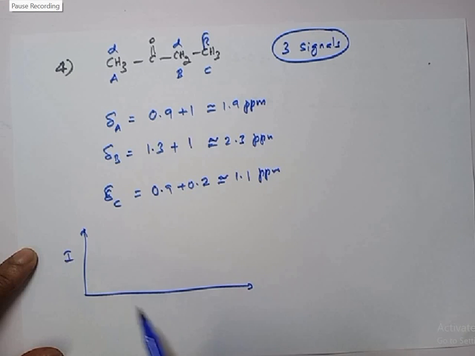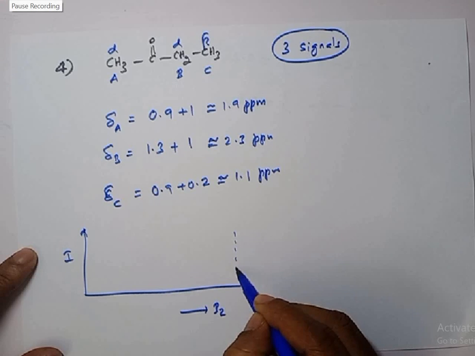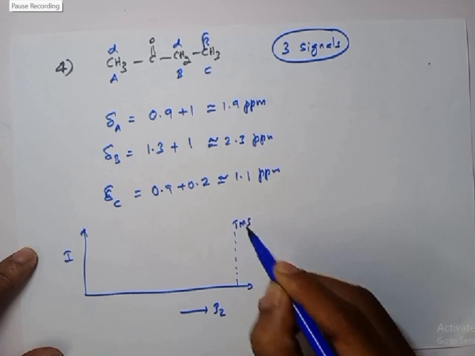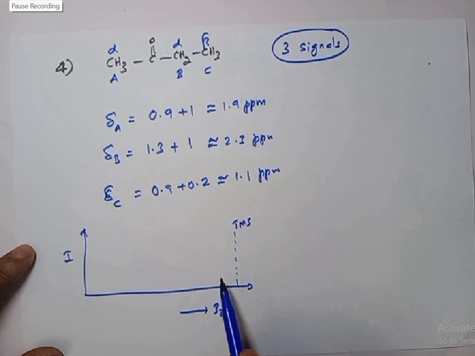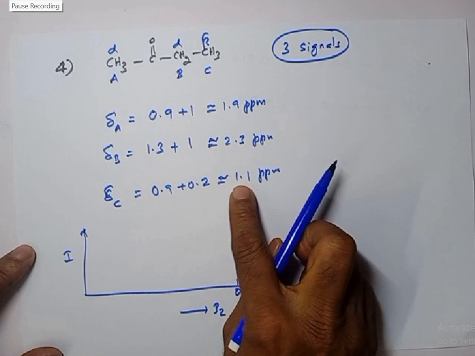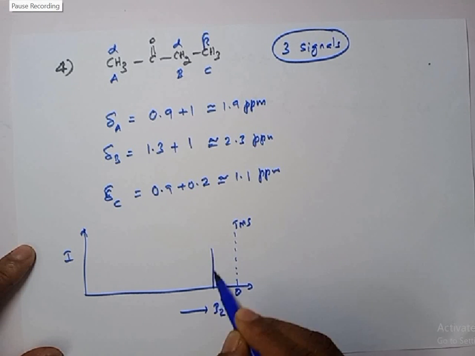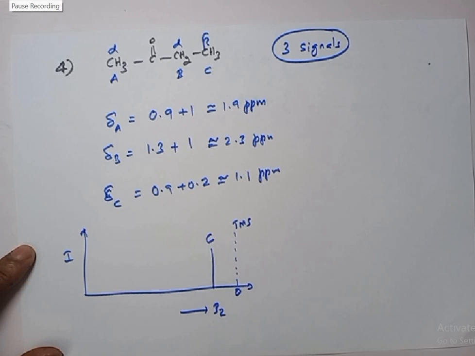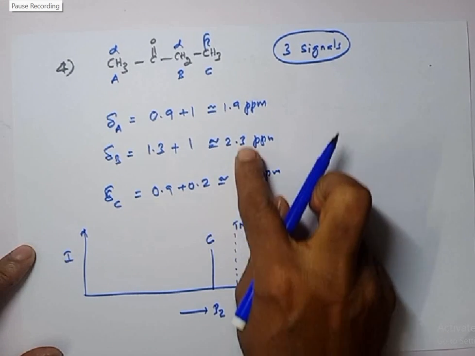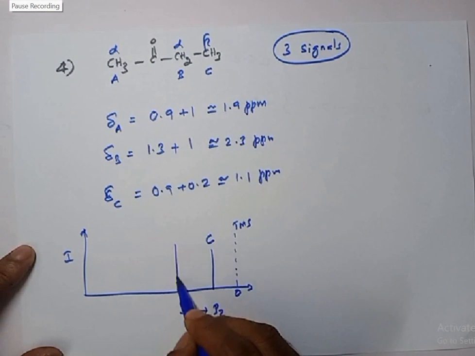In low resolution NMR, let us say this is TMS. For TMS the chemical shift is 0. Now the chemical shift 1.1 will appear first, correct? So the C protons will give a signal. Then 1.1, next 1.9: the A proton will give another signal here.